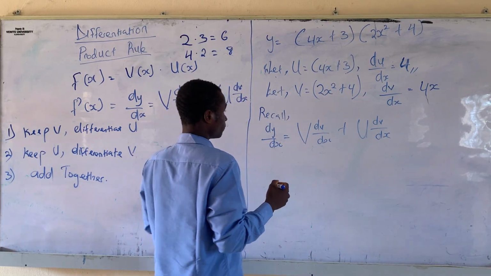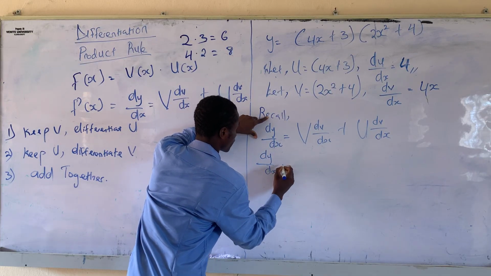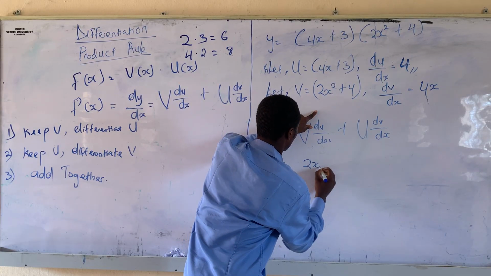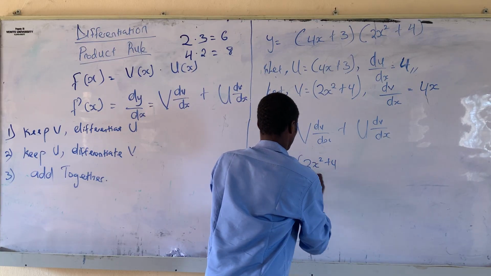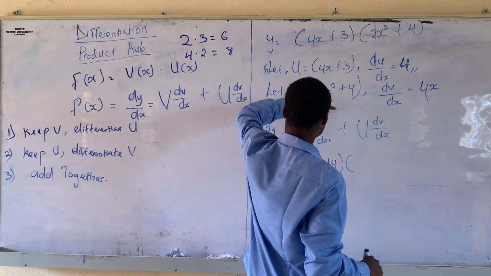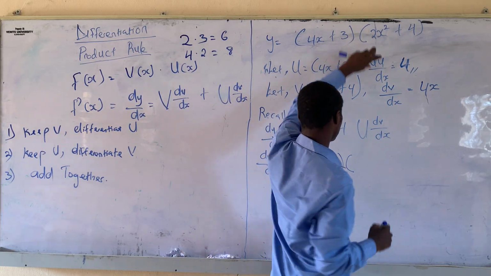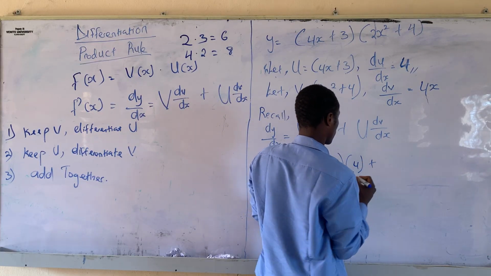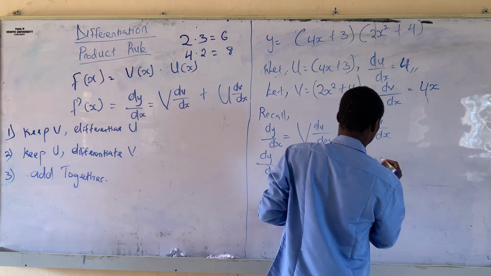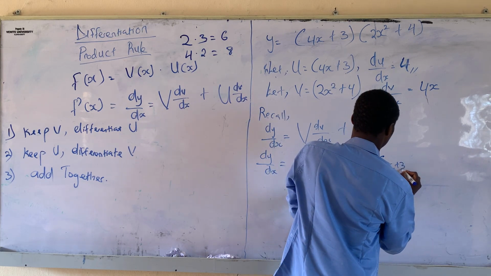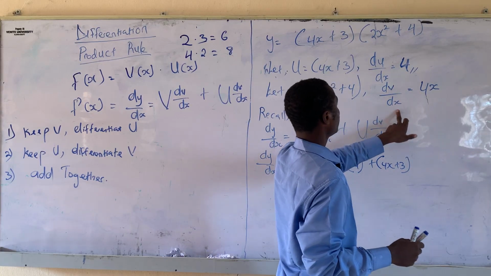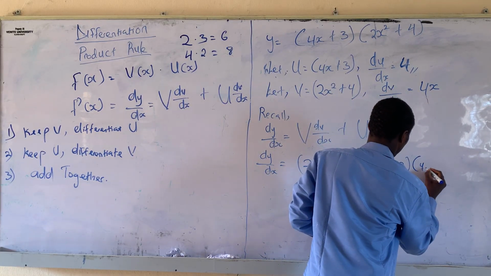Then can I say our dy over dx is equal to our v here, which is (2x squared plus 4), in brackets, times our du over dx, which is 4, plus our u here, which is (4x plus 3), times our dv over dx here, which is 4x.